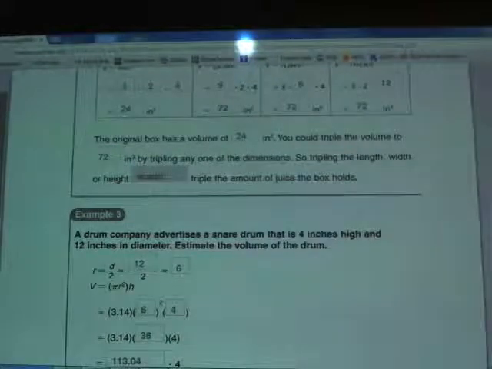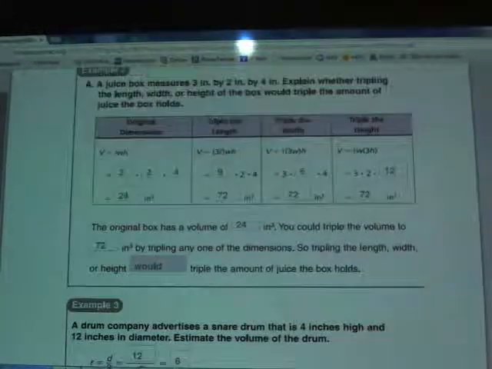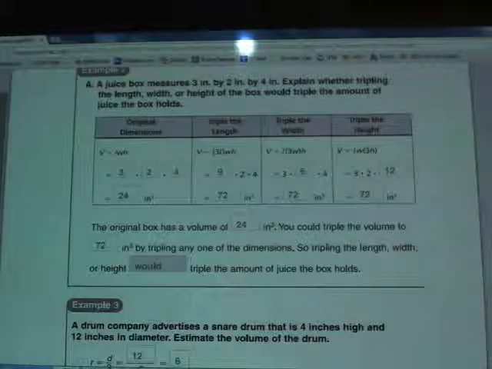All right, let's keep going here by looking at question number 2. In question number 2, it says a juice box is 3 by 2 by 4. And we're supposed to explain whether tripling the length, the width, or the height of the box would triple the amount of juice the box holds.